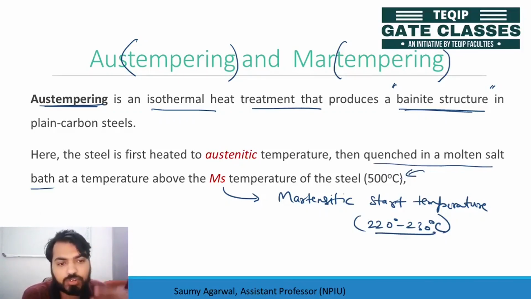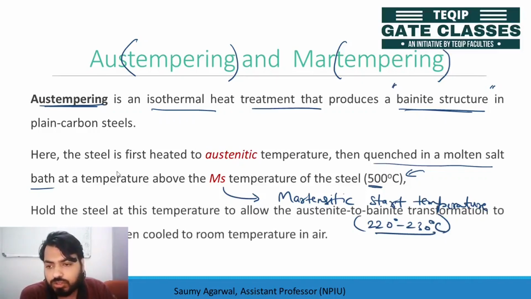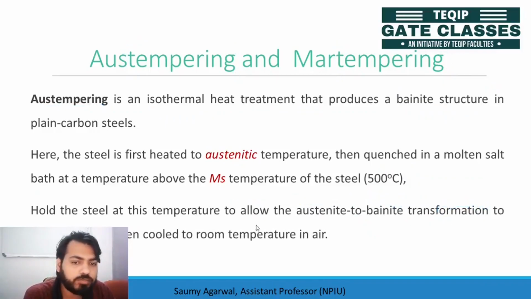And how much above should it be? It should be some 200 to 250 degrees Celsius above the martensitic start temperature, so near about 500 degrees Celsius. Then you have to hold the steel at this temperature to allow the austenite to bainite transformation to take place. It is an isothermal kind of heat treatment.